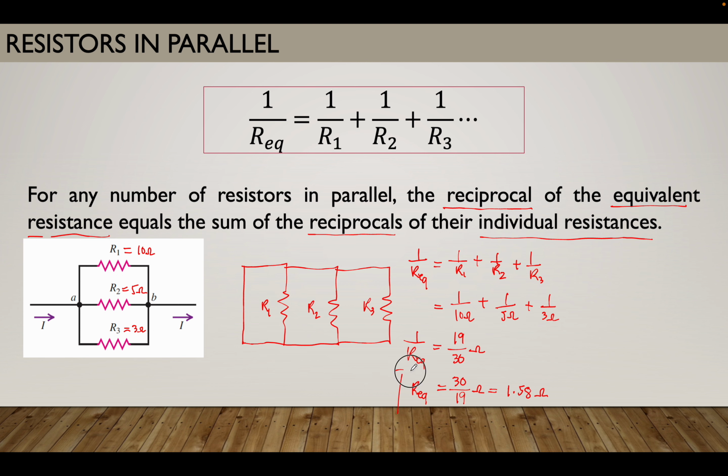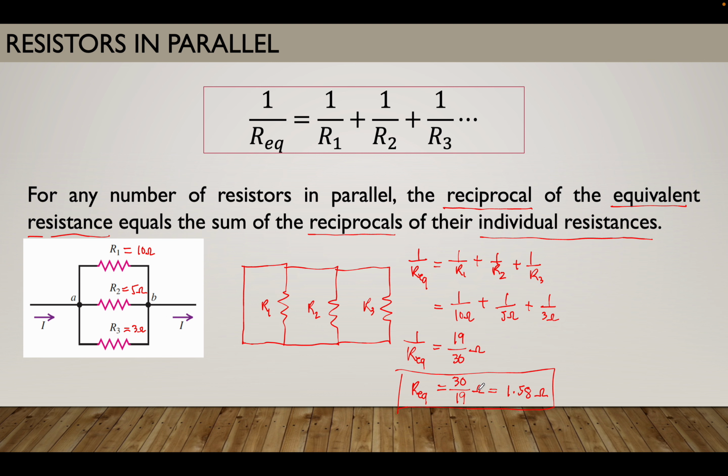Okay, so this is now our final answer for the equivalent resistance. Once you get the sum of the reciprocals of their individual resistances, you need to get the reciprocal again so that you can get the equivalent resistance.